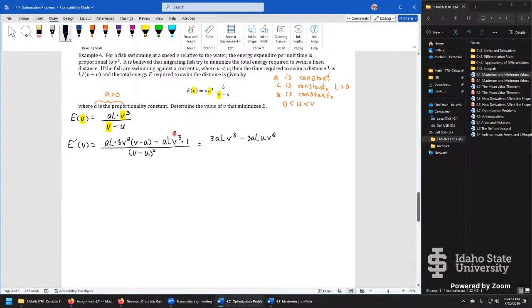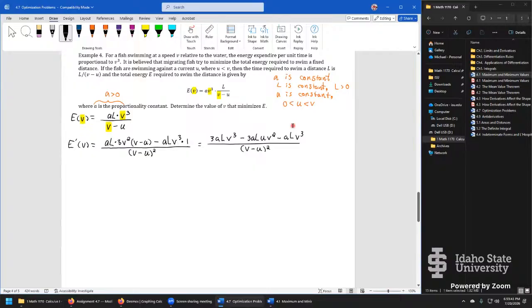Then minus A L V cubed, all divided by V minus U squared. So that looks quite nasty just to look at because there are so many moving parts. But there are like terms: 3 A L V cubed minus 1 A L V cubed.